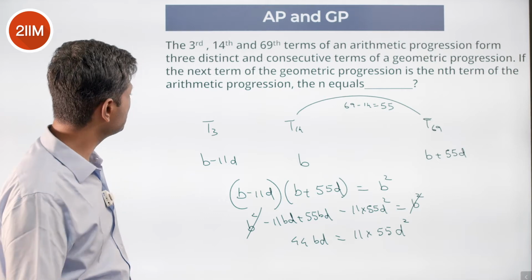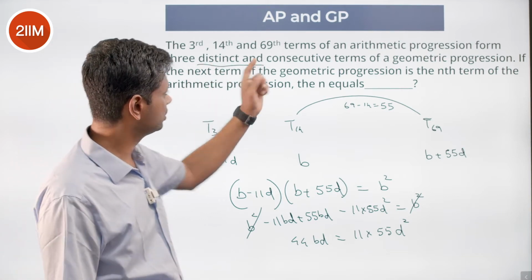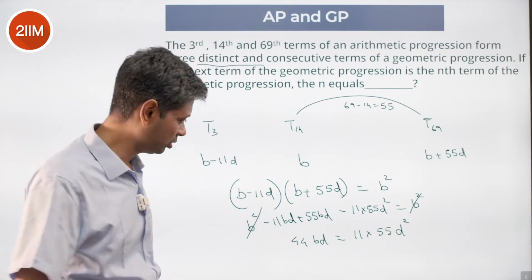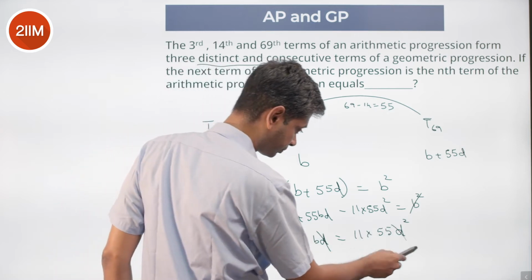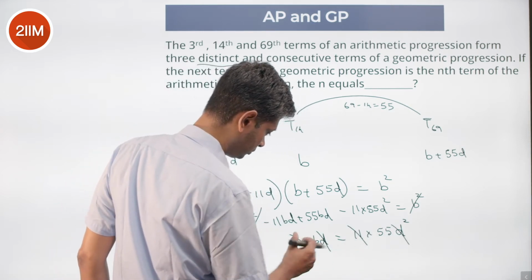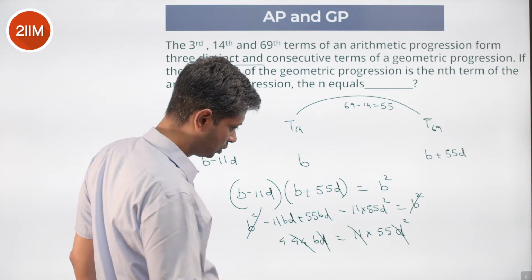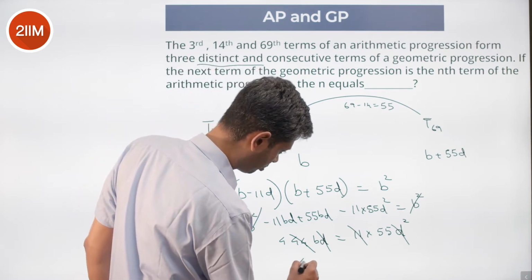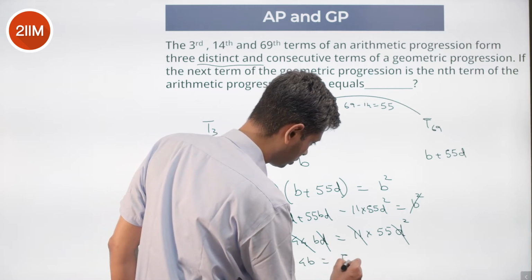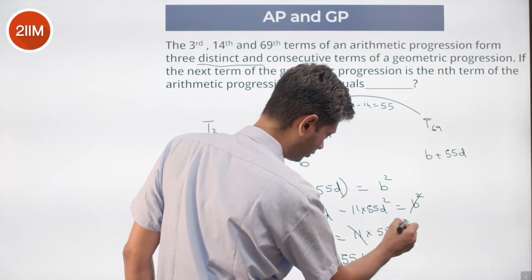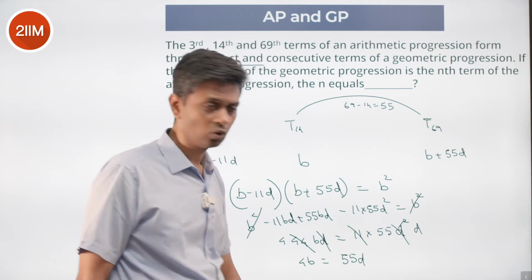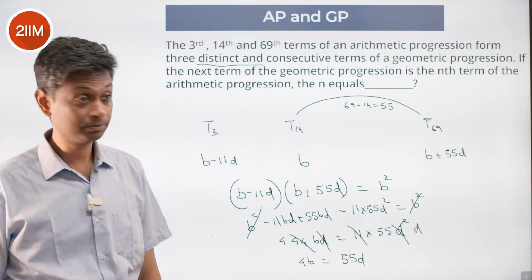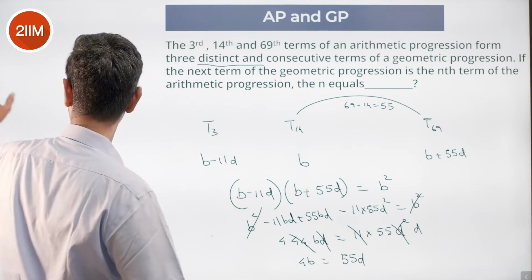We are told these are distinct and consecutive terms. That means the common difference is not 0. We can cancel off a d, and I get that 4b equals 55d. I'm cancelling 1d, 1d remains. 4b equals 55d. Nice.